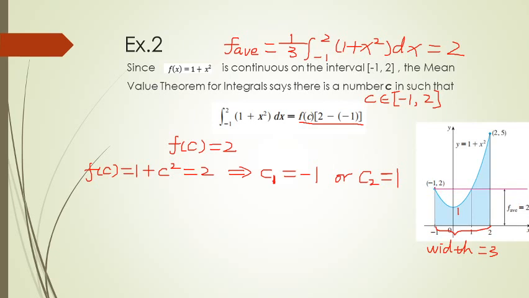This means the area of the shaded blue part equals the area of this rectangle with width 3 and height 2. That is what the mean value theorem for integrals tells us.